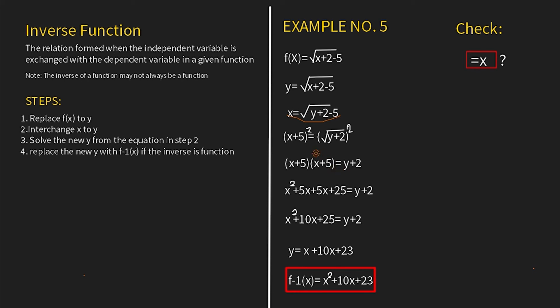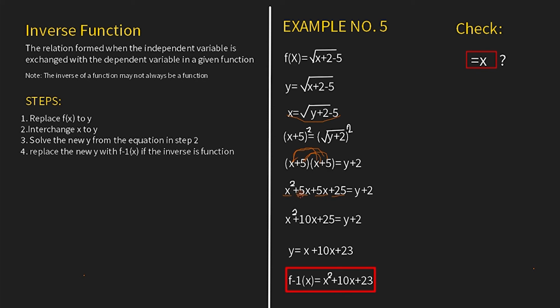Now, on this left side, this is a binomial, so we will use FOIL. So x times x is equal to x squared. x times 5 is equal to 5x. 5 times x is equal to 5x. 5 times 5 is 25.